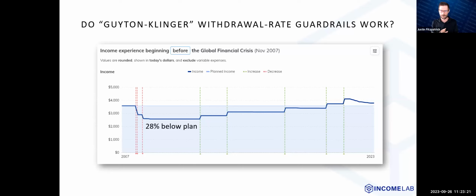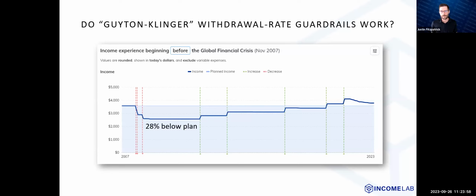So this was something that we did offline to test this particular Guyton-Klinger approach through some of these difficult and iconic periods in time to see how they would have reacted, how income would have changed, how withdrawals would have changed, how spending would have changed over time if someone had actually followed this approach to guardrails. And again, this is a plan that only has withdrawals. So it's not subject to that problem that we saw before, where if you have lumpy withdrawals, it just becomes nonsensical. This really is a place where you could have used this.